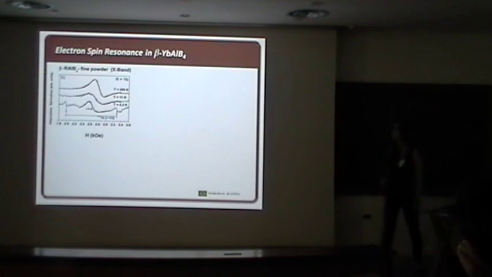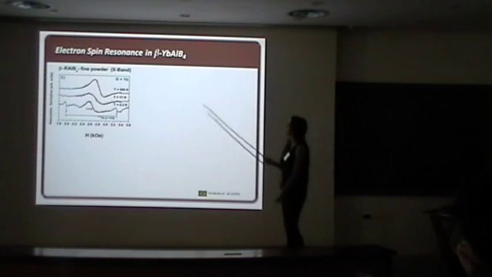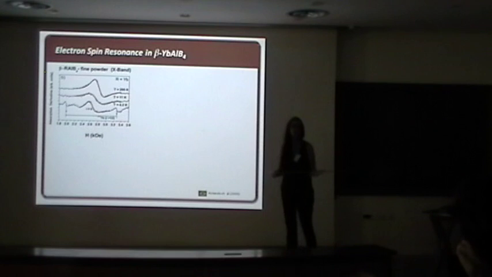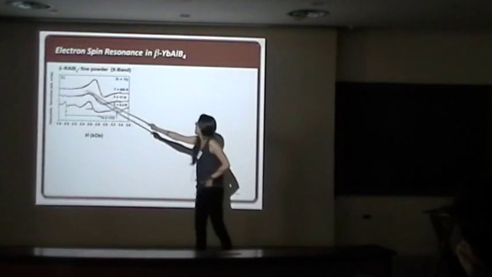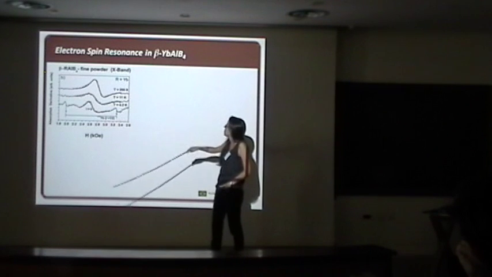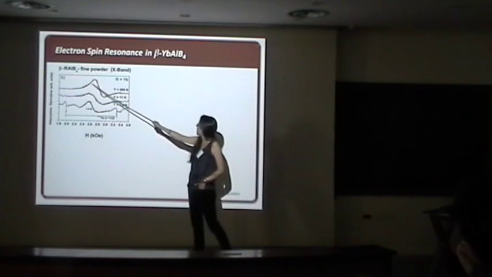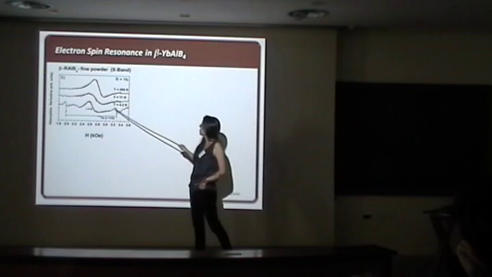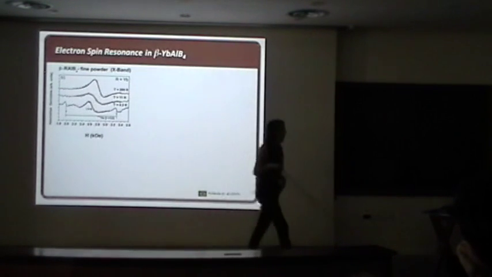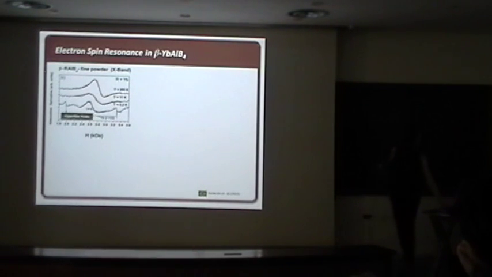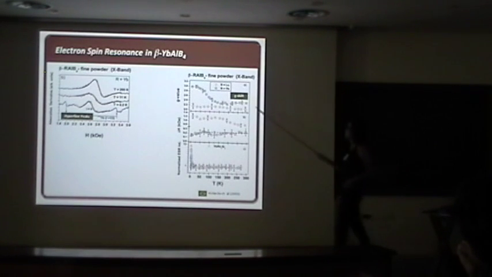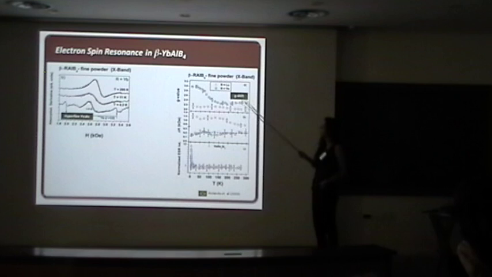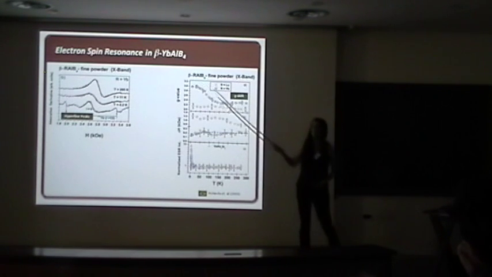Okay, so now the electron spin resonance in this material, why is it unusual? At high temperatures we have this line shape, a Dysonian, and if you go to low temperatures, we start seeing hyperfine peaks below 10 Kelvin. We also see a shift in the g-factor, going from 2 at high temperatures to 3 at very low temperatures.